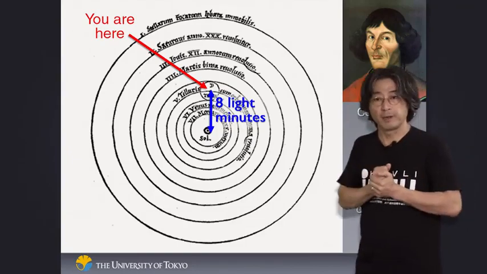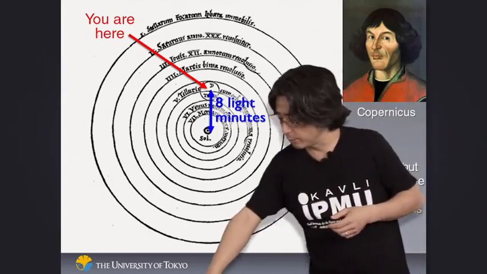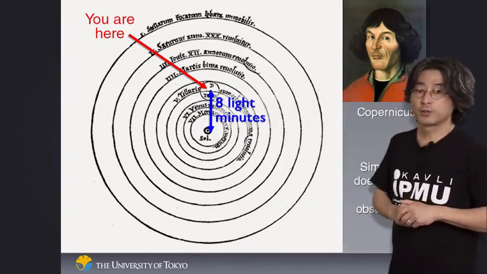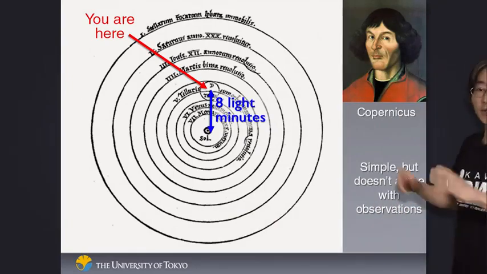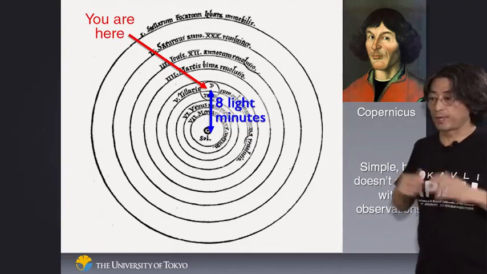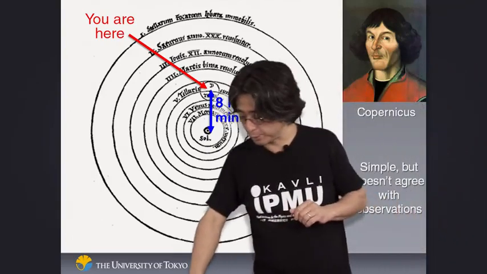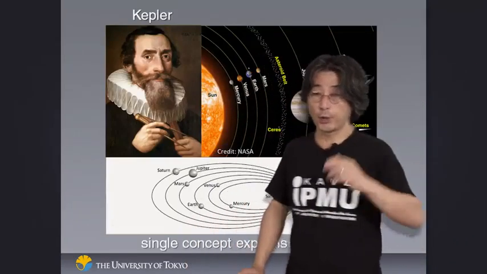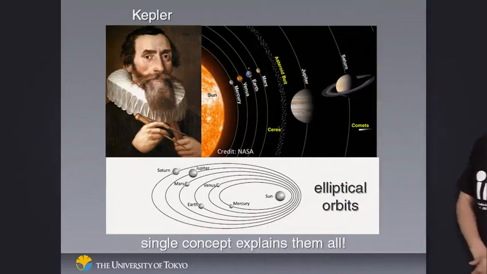But there was still a problem. If you really look closely at the motion of the planets based on this idea, it looks very simple, but doesn't quite agree with observations either. So there was still a problem people had to solve. And as you know, it was solved only after Kepler.